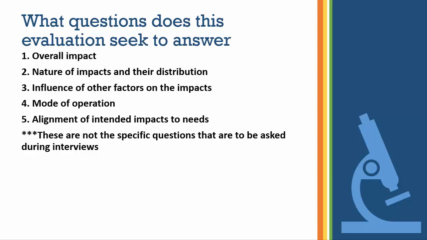Another thing impact evaluation tries to understand is the nature of the impacts and their distribution. Remember I talked at the onset that impact is quite interesting because it can be positive, negative, unintended, and intended. It's just so all over the place sometimes that it can be really confusing. So you just want to know, how is it distributed? Has it really reached the targeted people, the people that you wanted to benefit from this?